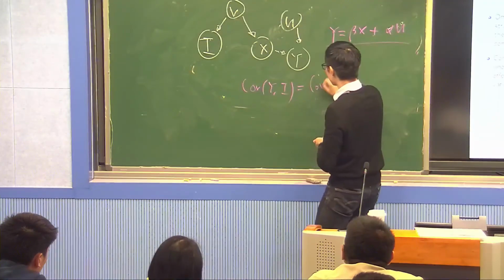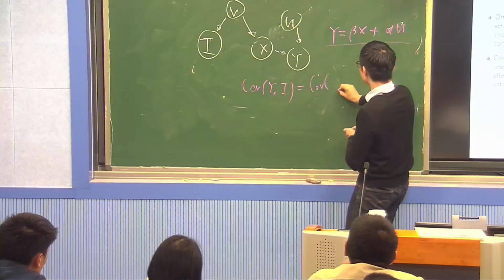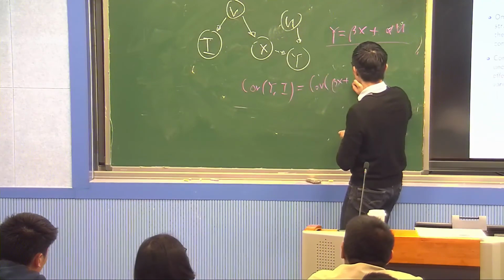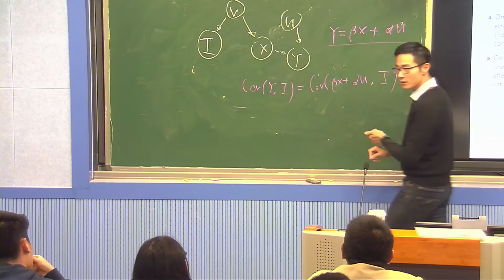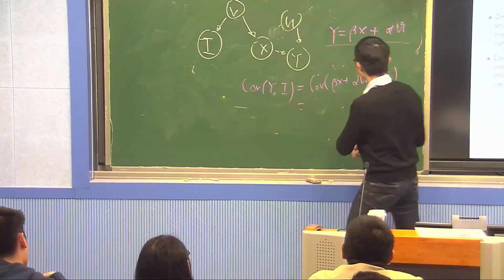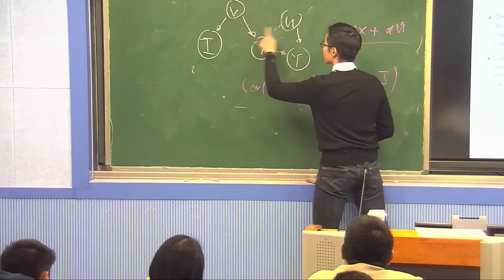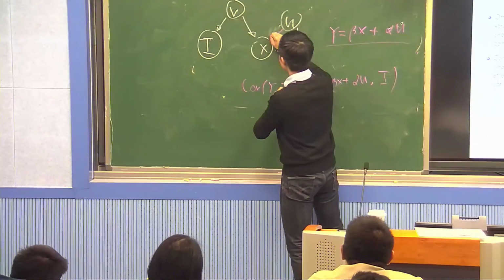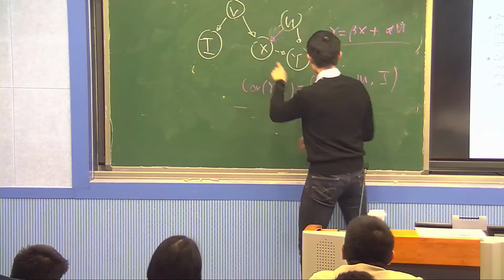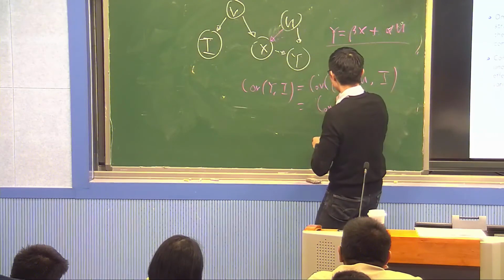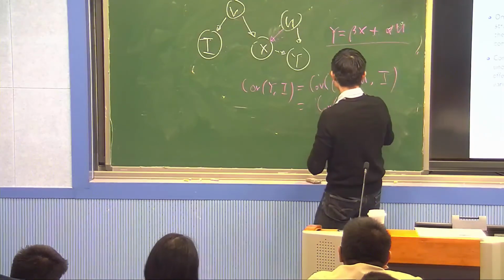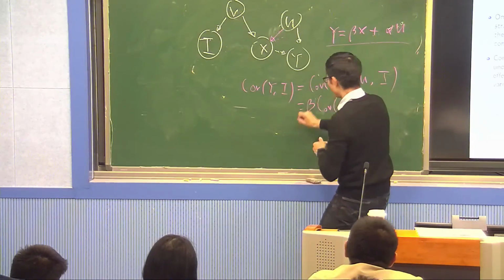It's the covariance between y, which is beta x plus alpha u, and the instrumental variable. But we know that the instrumental variable I and this u are independent because x is a collider. So this part is gone. The only thing left is the covariance between x and I times beta.